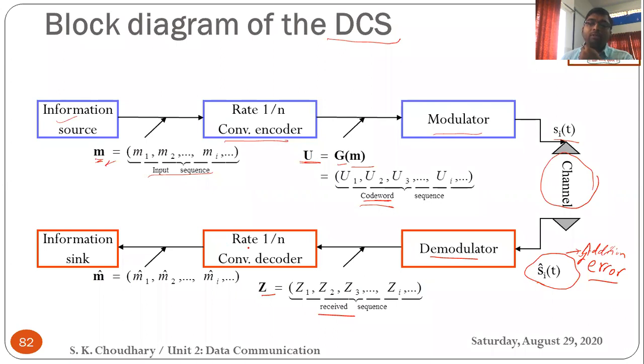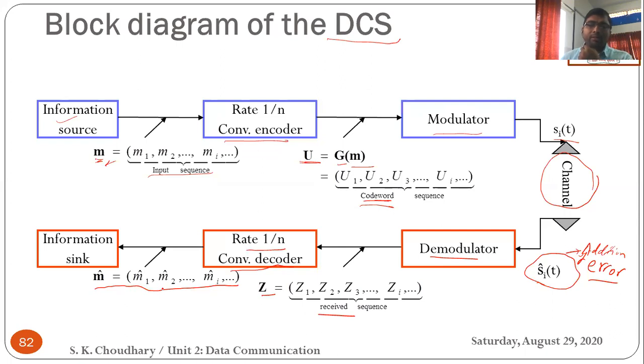For that purpose, we pass this received sequence through the convolutional decoder, having the same code rate 1 upon n, and the output of this decoder is the estimated value of the input sequence, M cap, because there is some possibility that error is present.